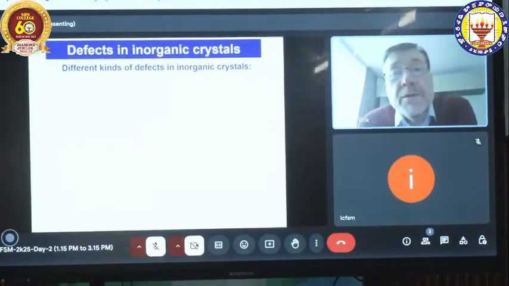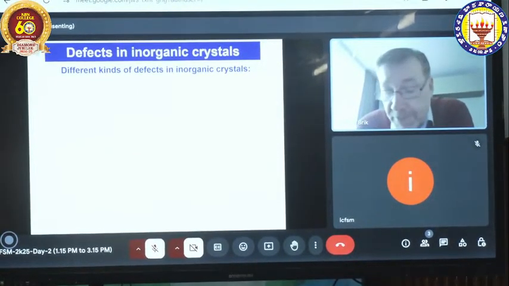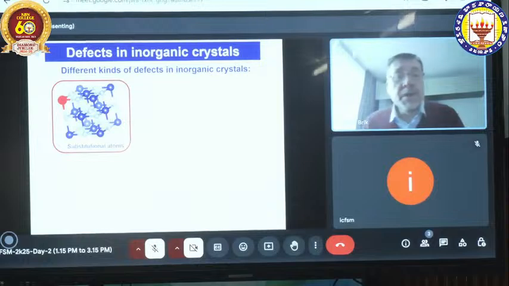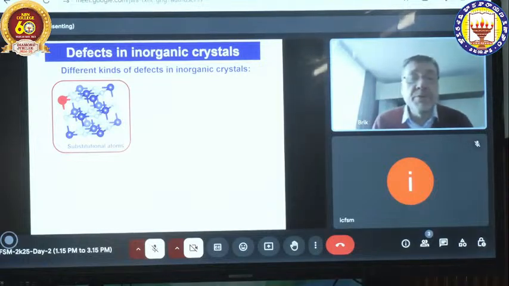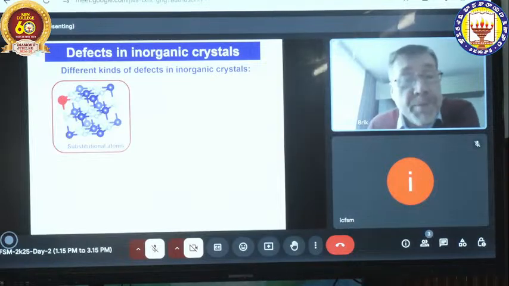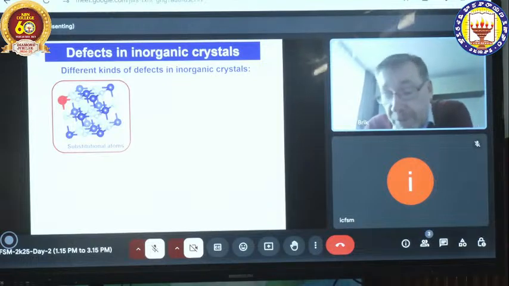So what are those defects in inorganic crystals? There are plenty of those defects. I will give here some examples of defects which are, let's say, atom-related. One kind of defect is the so-called substitutional atom, when an atom of the crystal lattice is replaced by an atom of maybe another chemical element.